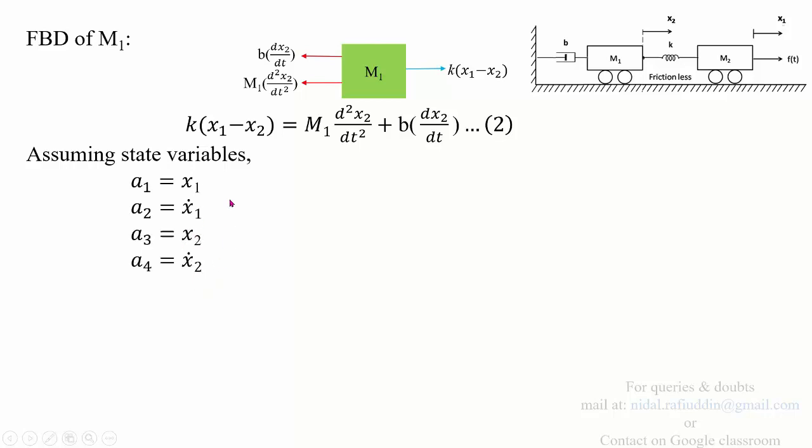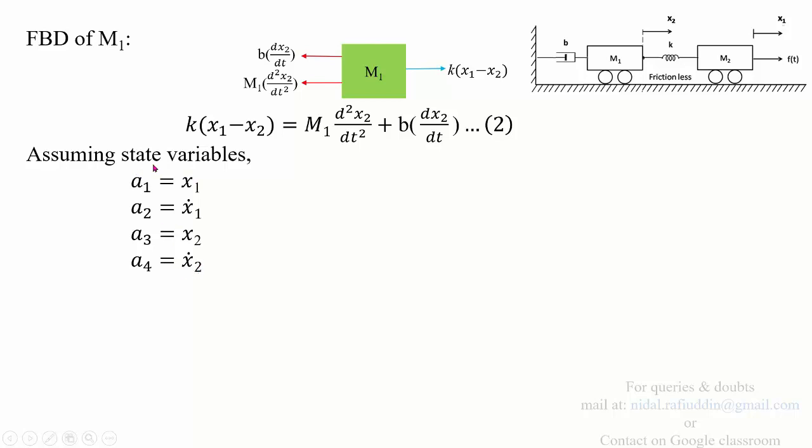Since we are learning as beginners, we'll be assigning certain other names or nomenclatures to the state variables x1, x1 dot, x2, x2 dot. After you get expert in obtaining the state space representation, you might like to skip this step and write the state variable formulation directly in terms of these variables x1, x1 dot, x2, x2 dot.